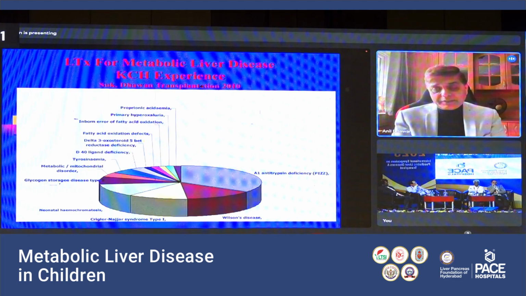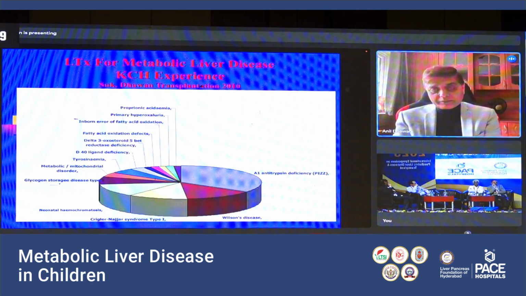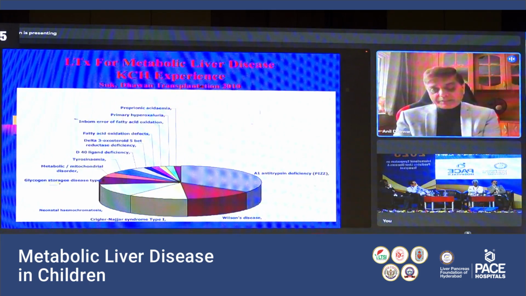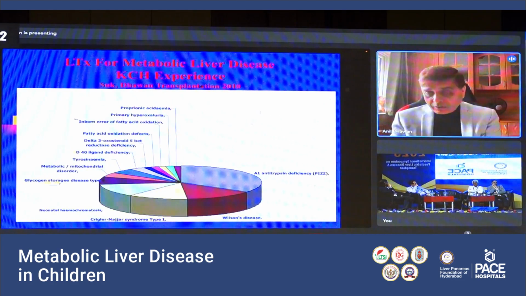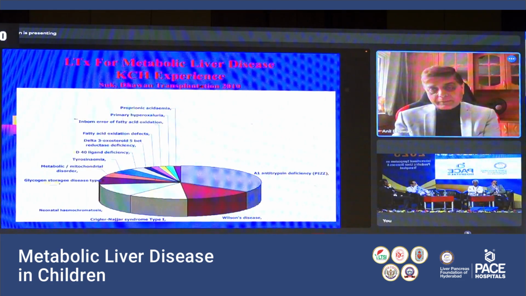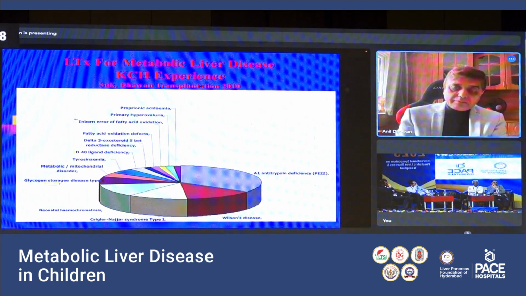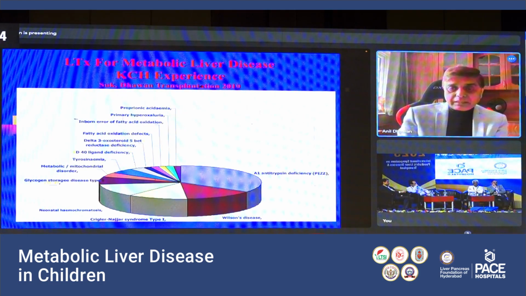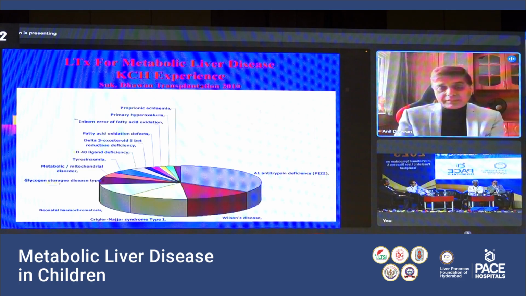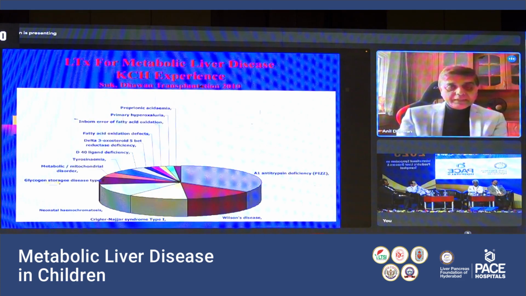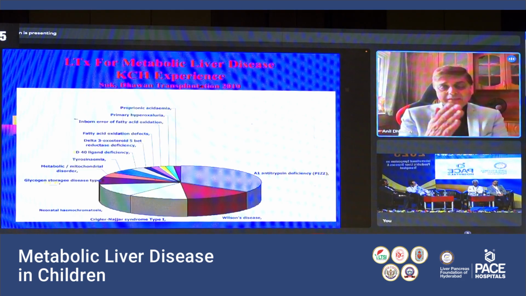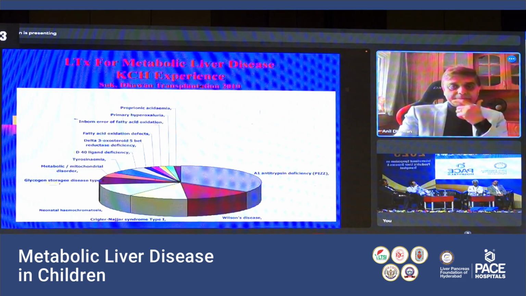Alpha-1 antitrypsin is the commonest in our part of the world, the Western world, because alpha-1 antitrypsin is the most common liver-based metabolic defect, which is not the case in India, for example. So your pie chart will be very different from what I'm showing you now. For us, alpha-1 is the first, Wilson second, then Crigler-Najjar, and after that, they become rarer and rarer: propionic acidemia, methylmalonic acidemia, and the list getting bigger and bigger.